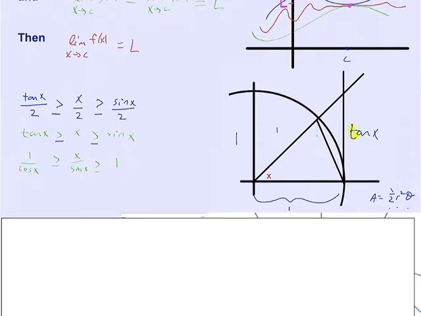Okay, keeping on going with this for a second, though. The next thing I'm going to do is take the reciprocal of all three pieces of this compound inequality. You can do that, right? You know that if, let's say, x equals 3, then the reciprocal of x would equal the reciprocal of 3.